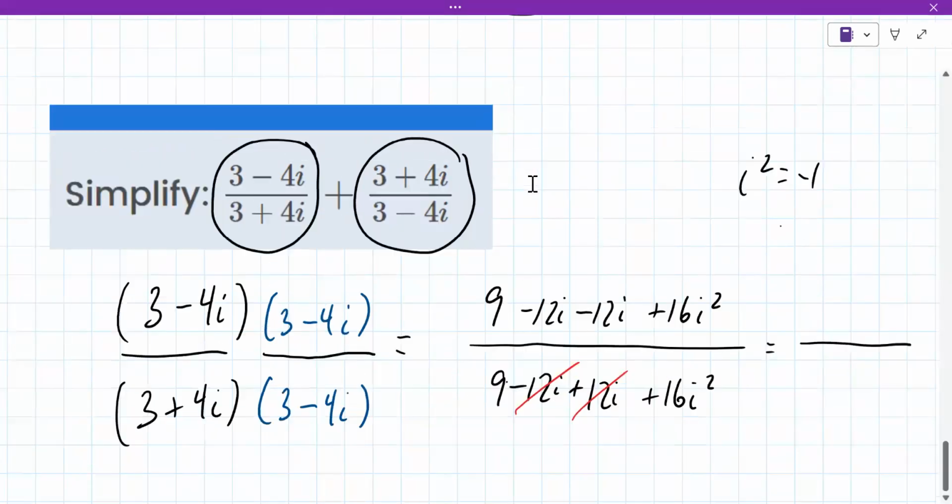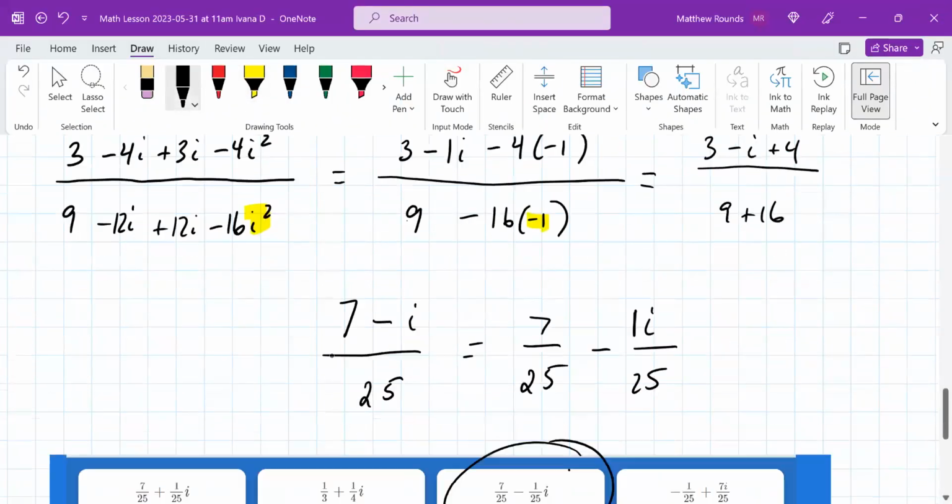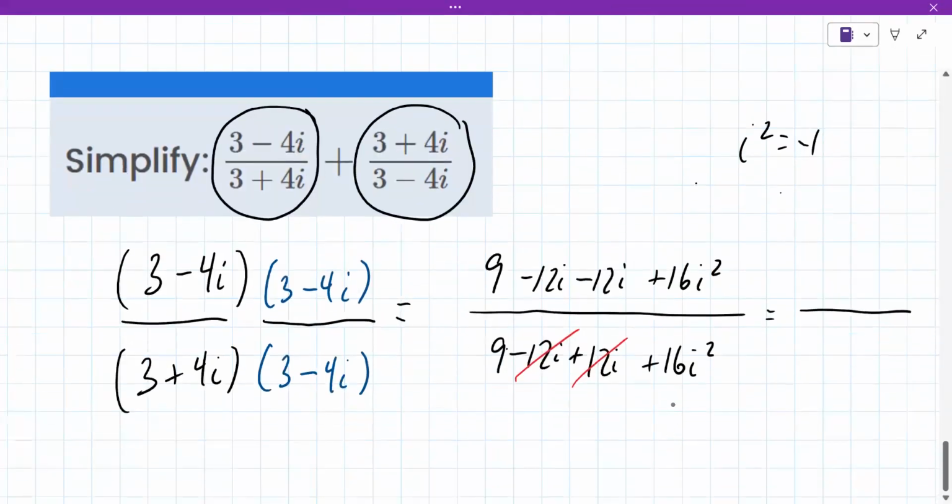If you look back at the previous problem, I replaced i squared with -1. That's what I'm asking you to do. I'm not asking you to do anything different. Just replace it and simplify. What is 9 plus 16i squared? What does that become? It's going to be 9 minus 16. Okay, that's correct.